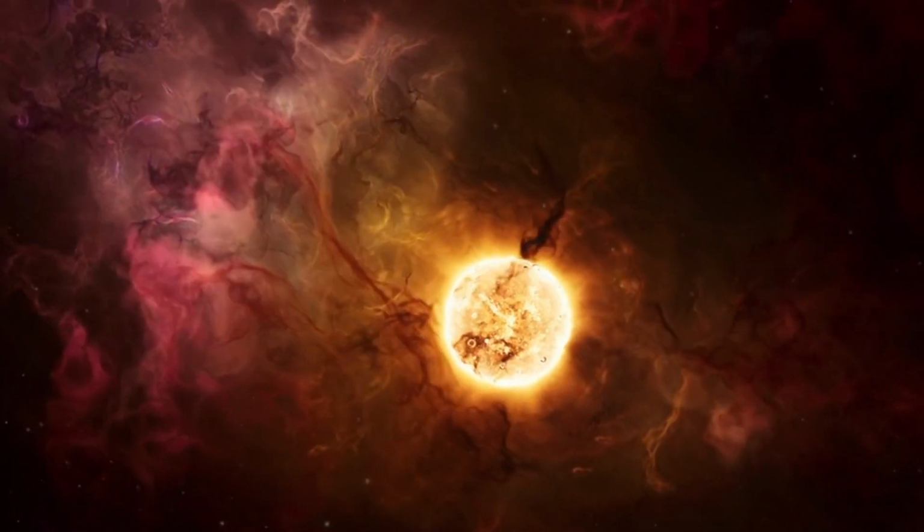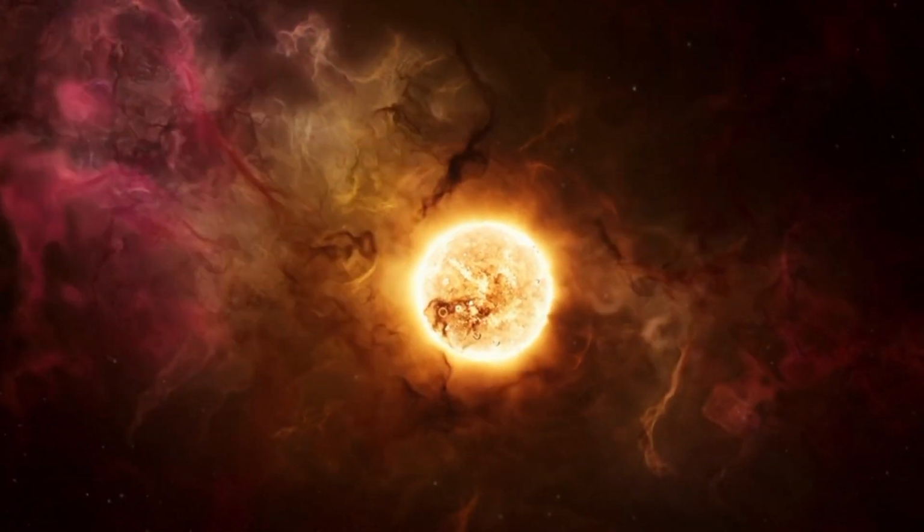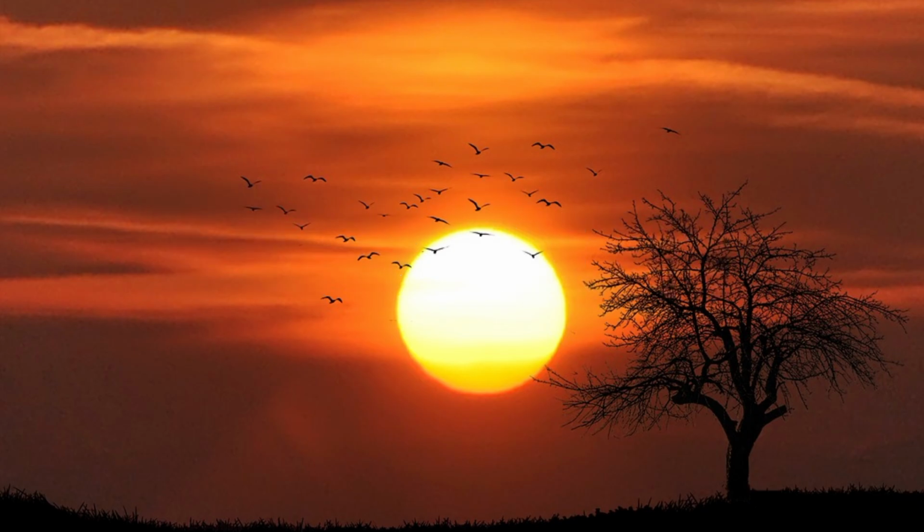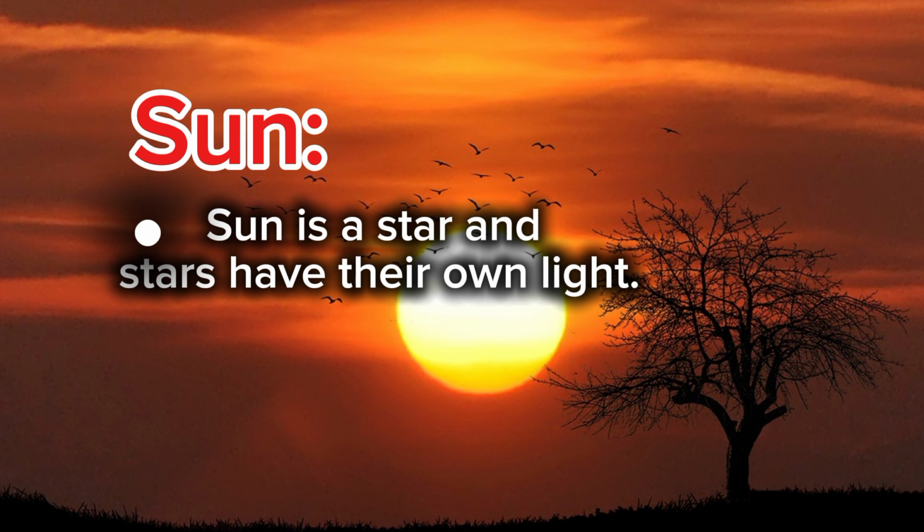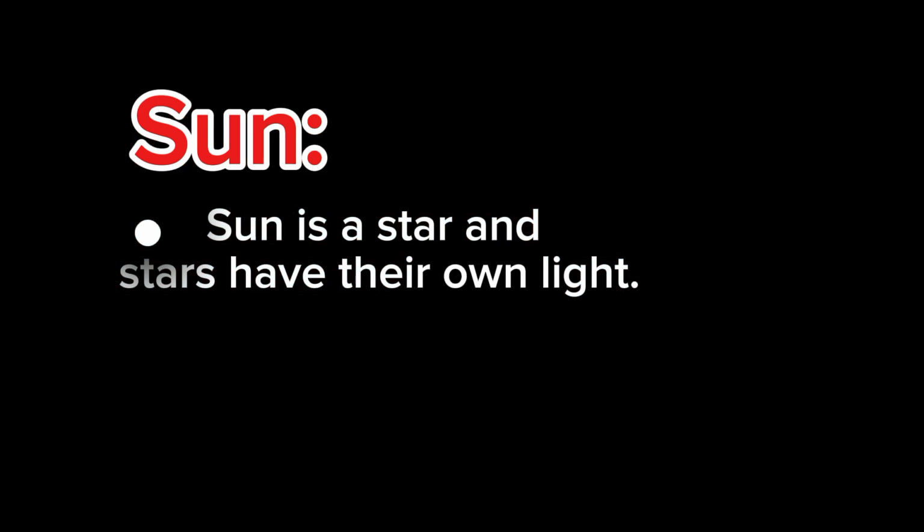Now I'm going to discuss the biggest object of our solar system, which is the Sun. The Sun is a star. A star is a huge ball of gas, mostly hydrogen and helium. It means that the Sun is also a star, and in turn a star is a ball of gas which consists of hydrogen and helium gases.